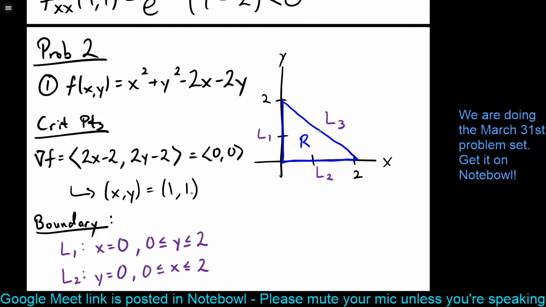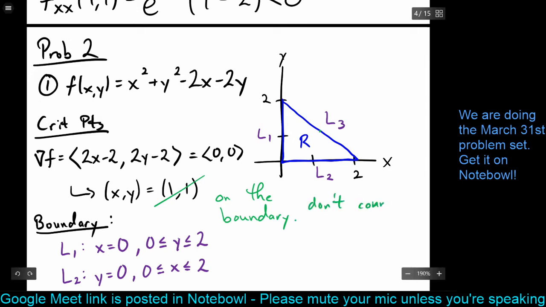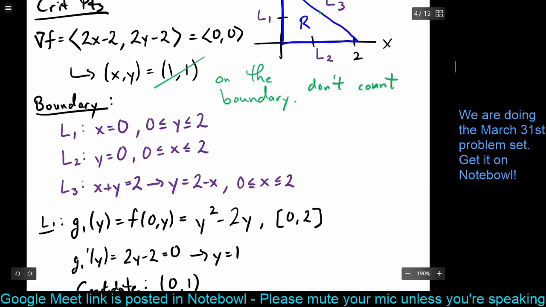So we're not going to count this one because it's on the boundary. It's on the line x plus y equals 2. Sorry about that. So we don't count it. But that's okay, because we're going to get it anyway from here.